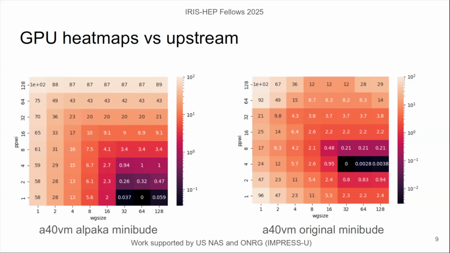When we look at these plots, we can notice two things. First, both show a valley of good performance, but the location and width of the optimum differ. Our sweet spot is around PPVI 4 and VG size 128, while the original has a deeper minimum at PPVI 4 and VG size 32.